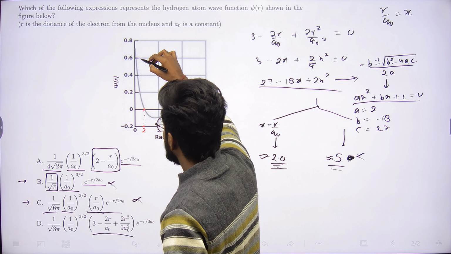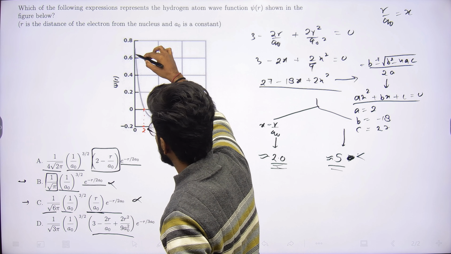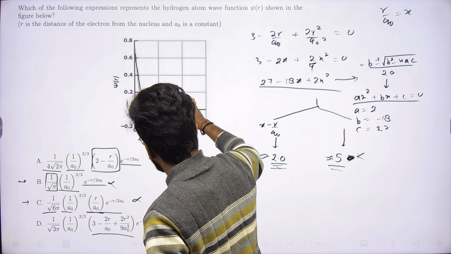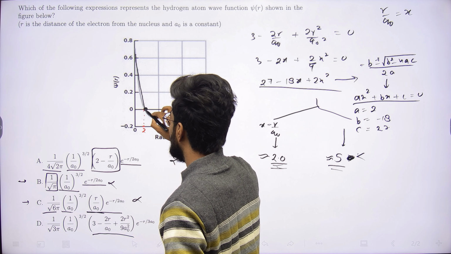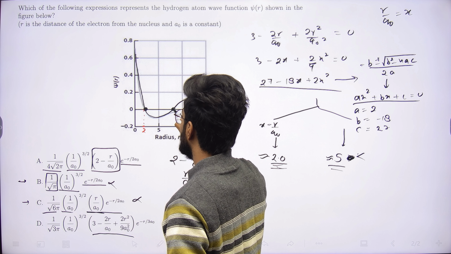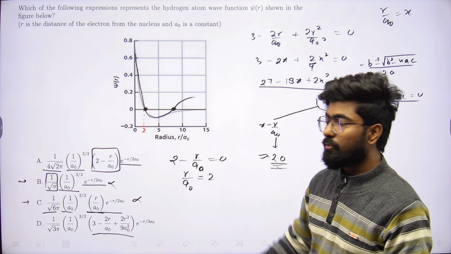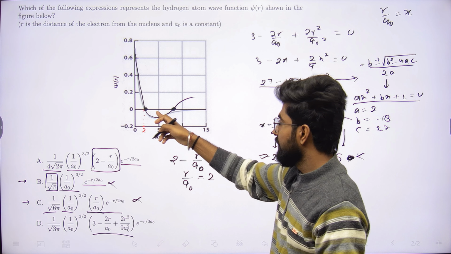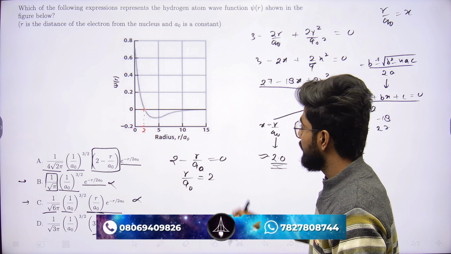So if this curve was, instead of what they are actually asking, like this, then this equation might hold true, because now it is crossing the psi r equals 0 axis 2 times. But the actual graph is not like this.